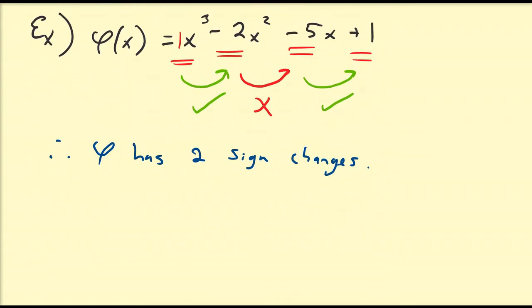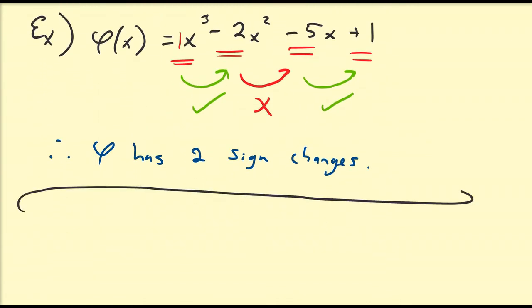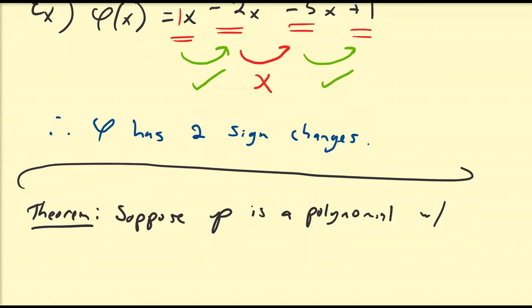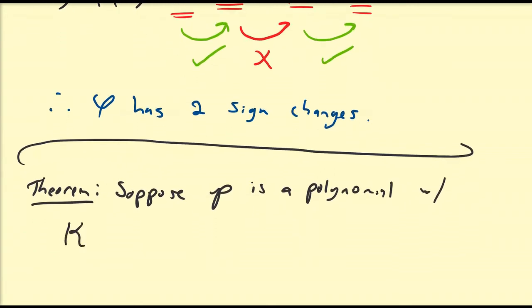So with this defined, now we have all of the tools to easily express what Descartes' rule of signs actually says. And we're not going to prove it, we're just going to state it. So let us suppose P is a polynomial with K sign changes.